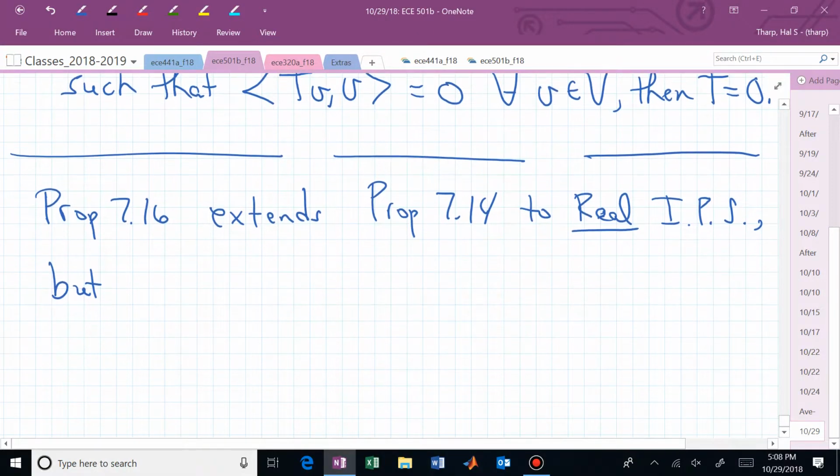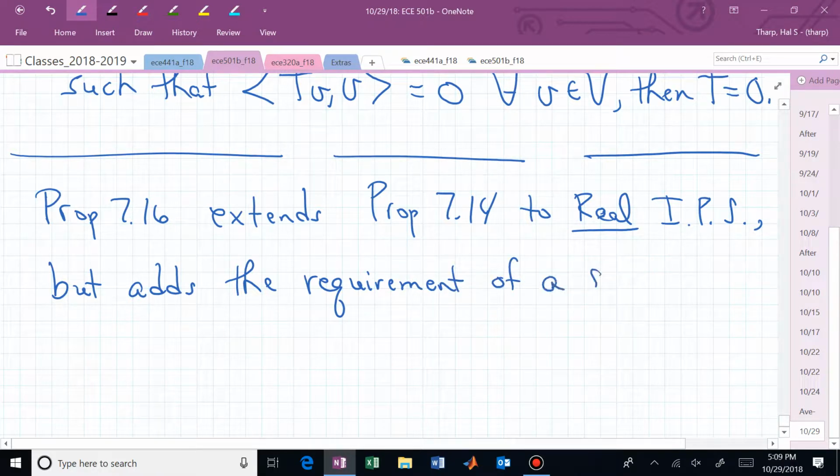So now, in addition to just having a linear operator, we need that linear operator to be self-adjoint in order for it to be the zero map. It adds the requirement of a self-adjoint operator.